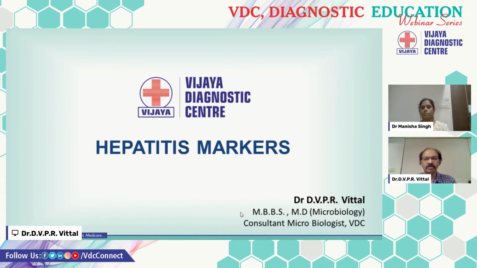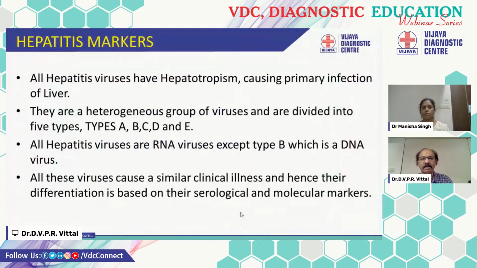Though they are a heterogeneous group, they are grouped as hepatitis viruses because of this common property, and they have been divided into 5 types: type A, type B, type C, type D, and type E. All these viruses are RNA viruses except the most important of the group, type B, which is a DNA virus.